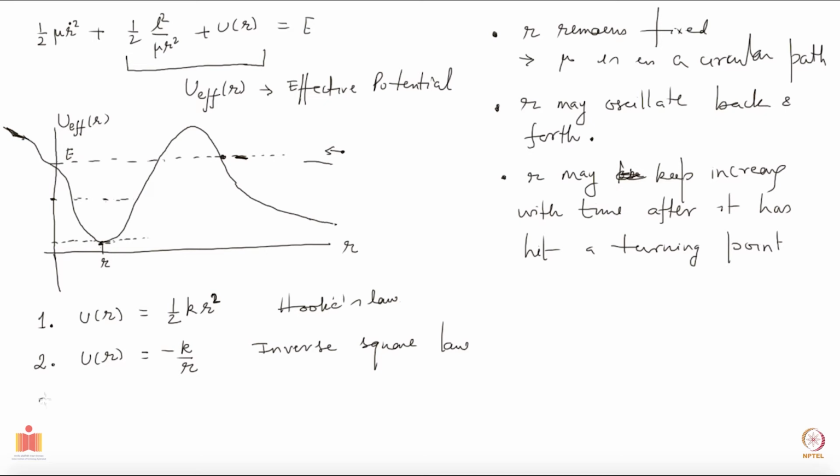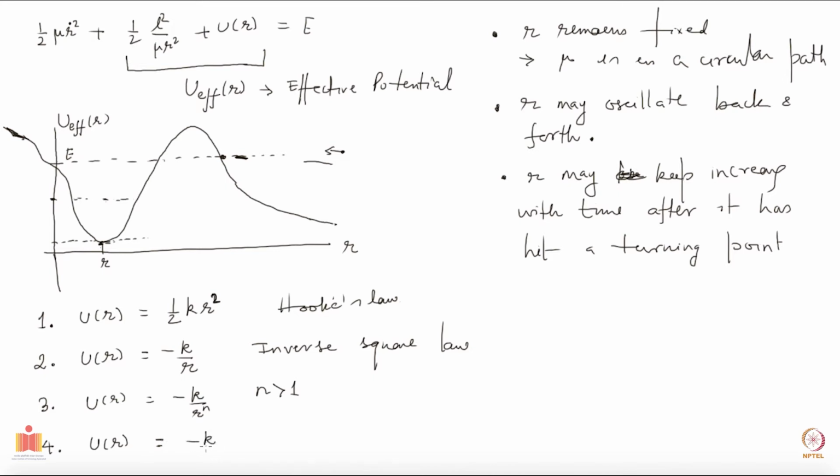Then you may think that, okay, instead of having an r here, I can think of a higher power of r below. Okay, and you may ask what happens in those cases. I'm just listing down a few examples so that we keep in mind that there are several different central potentials that can be imagined.